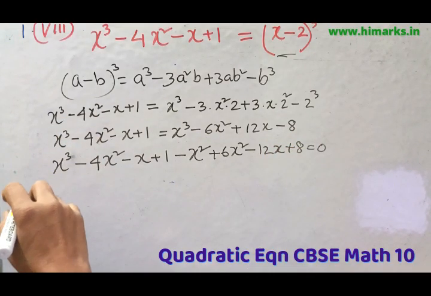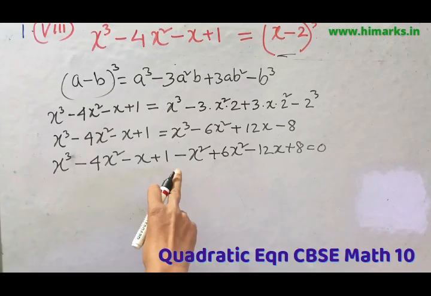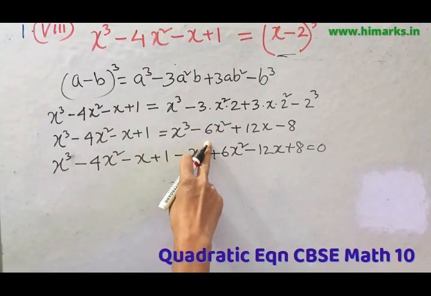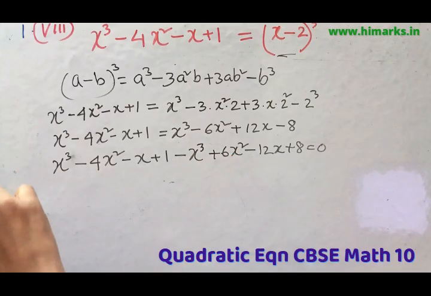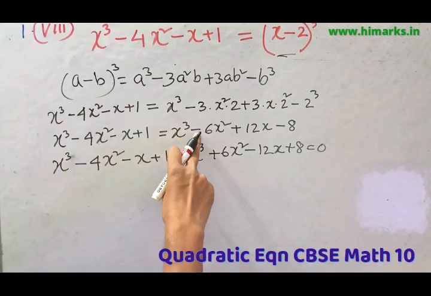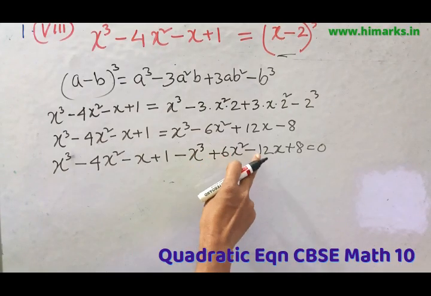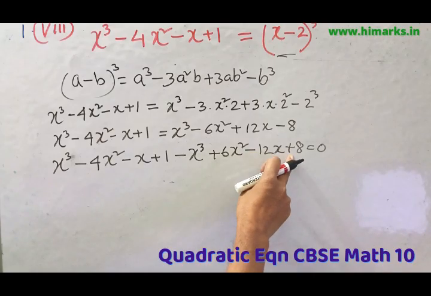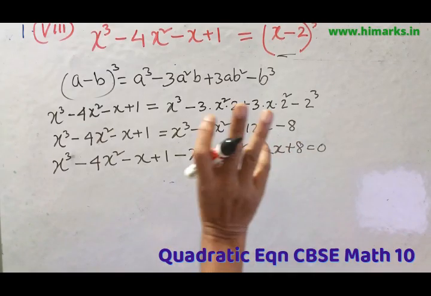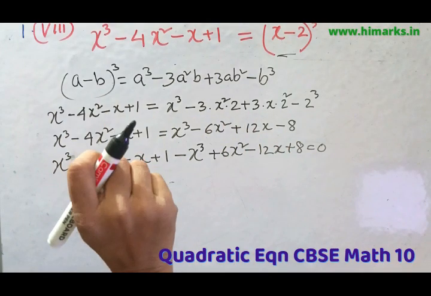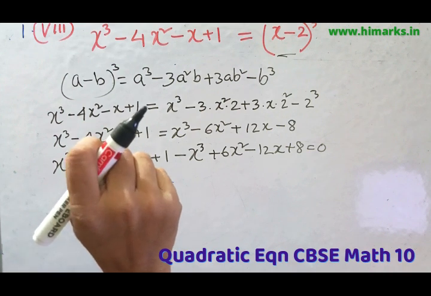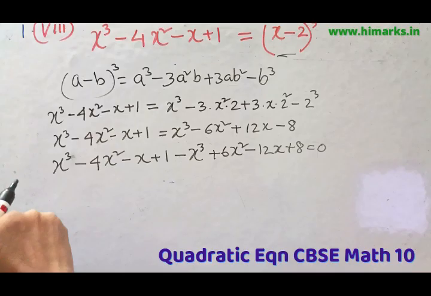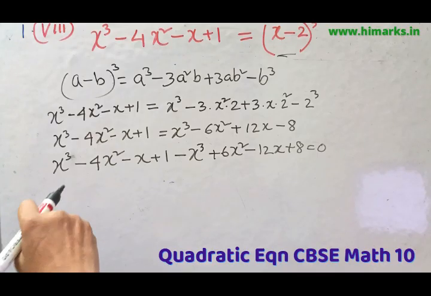Okay, here careful, x cube just in this side, sign is changed, sign is changed, sign is changed. This to be careful, all the things should be as it is. No error should introduce. Okay, checked, everything is correct. Okay, now we'll go for simplification.